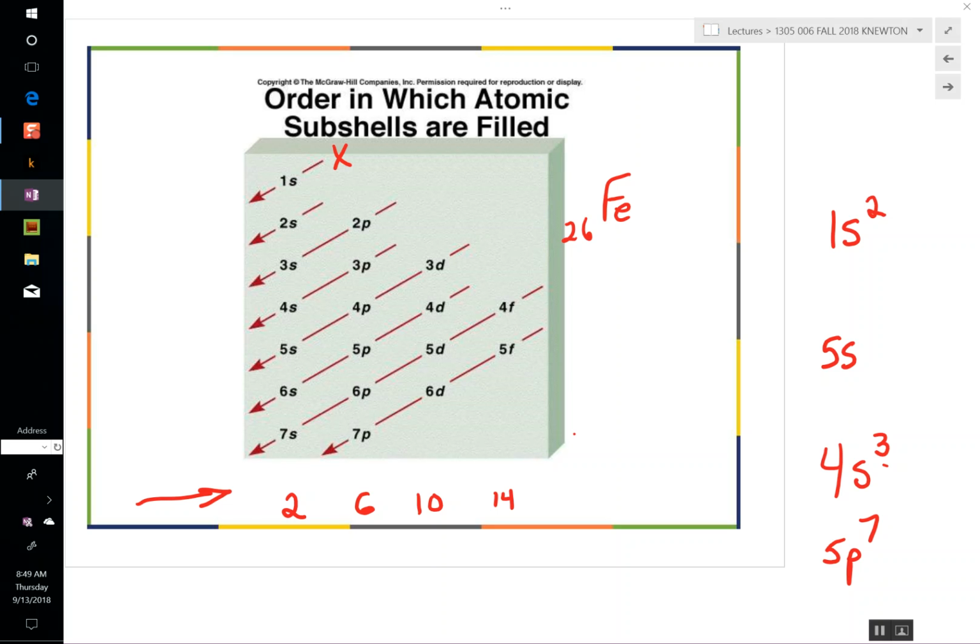So what do we have here? We've got a sodium atom: 11 protons, 11 electrons, 0 charge. But now we have 11 protons and 10 electrons.